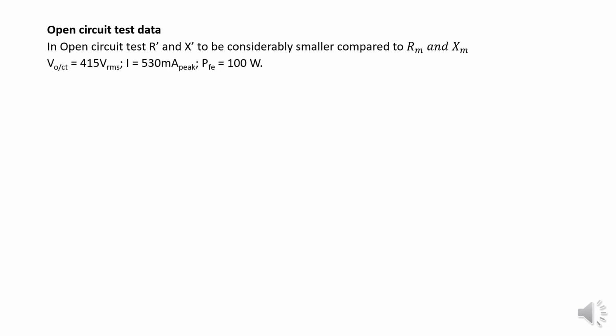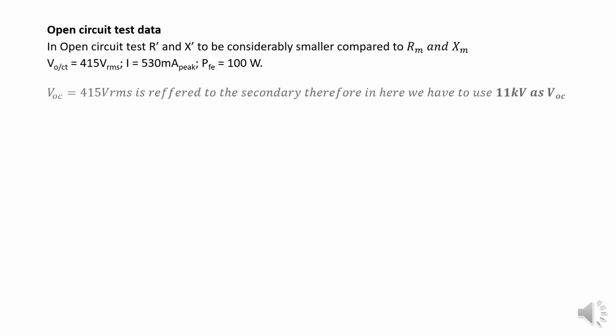So consider this 415 volt RMS, that is the secondary voltage value. Because the open circuit test means we are open circuiting the secondary or the output side, therefore 415 volts is the output voltage. When you are doing the calculations, you have to convert it to the primary side.